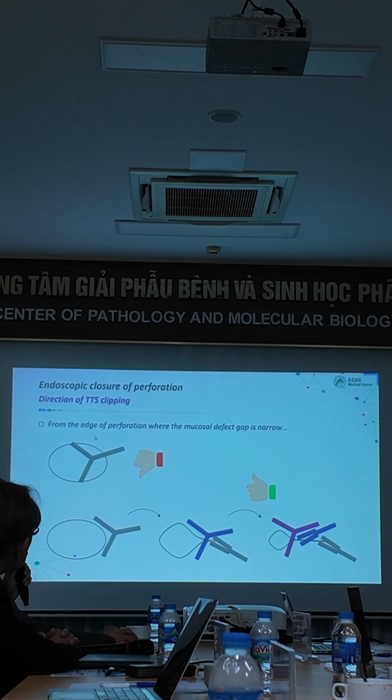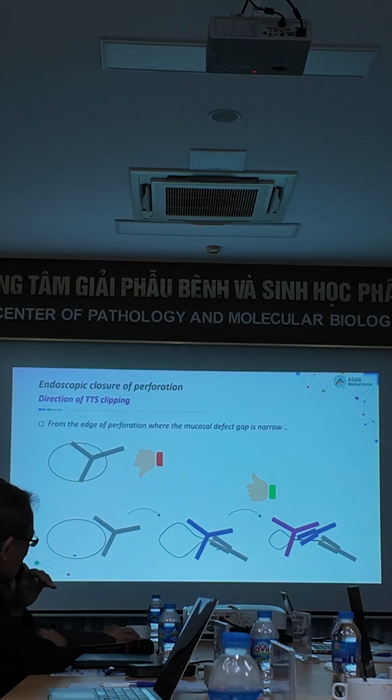Clipping may actually be difficult if you perform clipping at the center, at the middle of the perforation, where the mucosal defect gap is quite wide. So clipping should be performed from the edge of perforation, where the mucosal defect gap is relatively narrow.